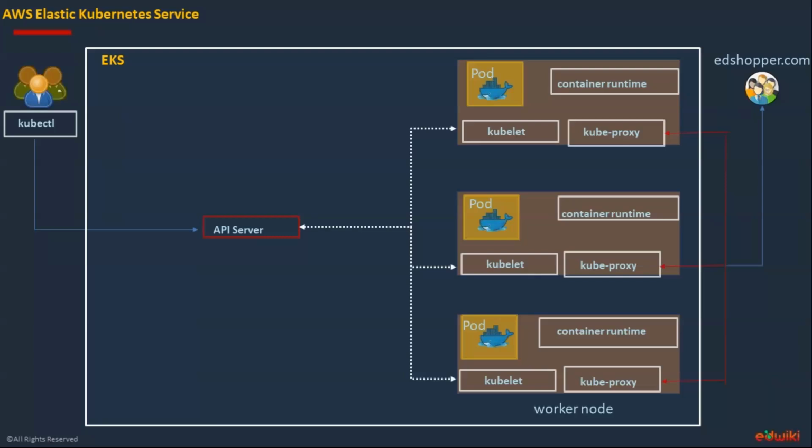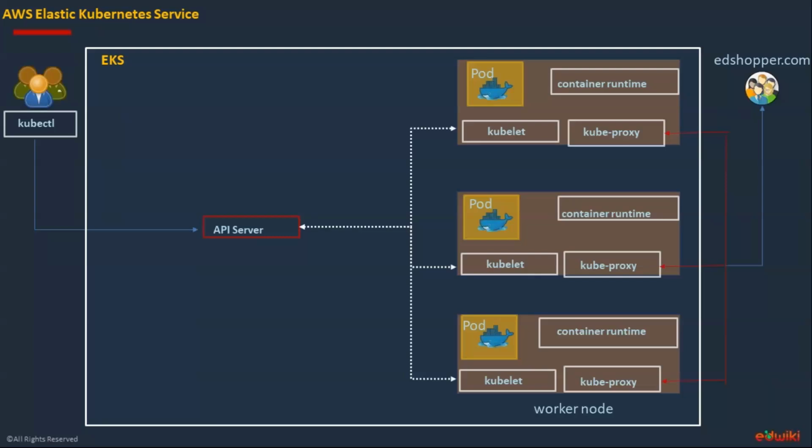So AWS will take care of deploying the control plane EC2 server, installing the required software there, and AWS will tell you, hey, this is the API server information that you need to use to connect, right? You run the kubectl command, connect it to the API server that AWS has set up for you, and just inform your instructions.